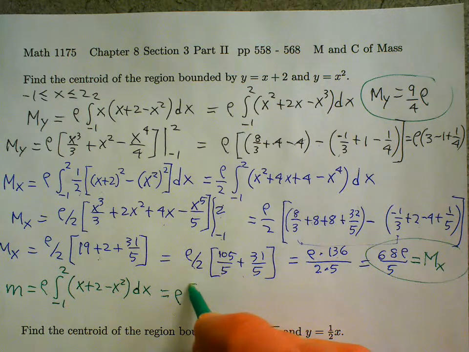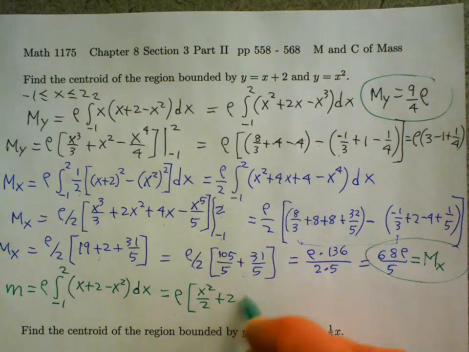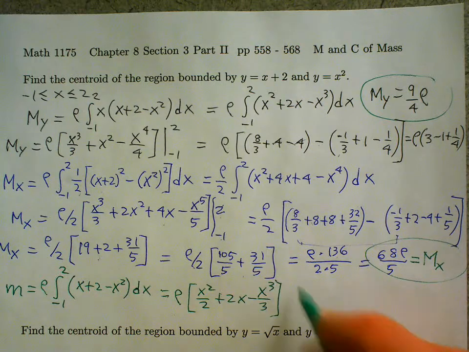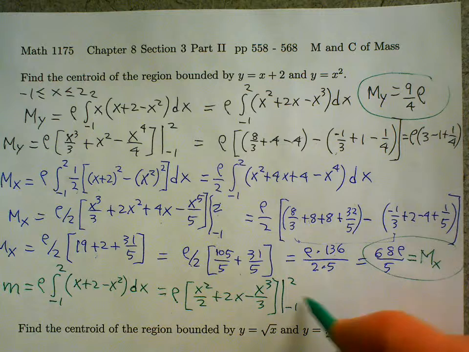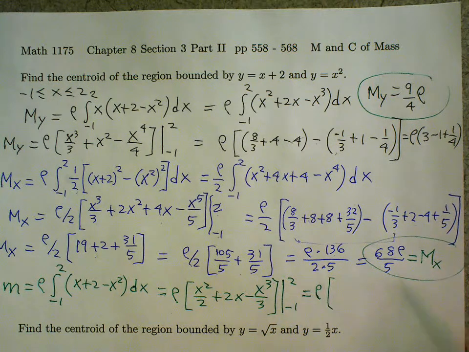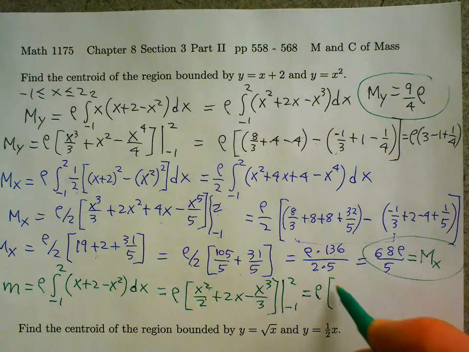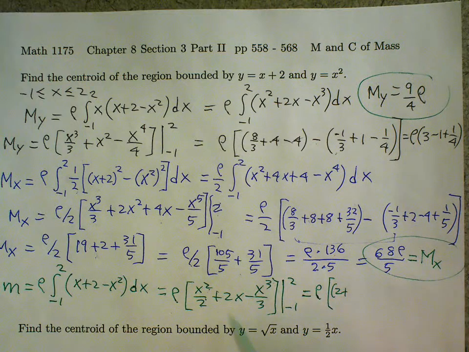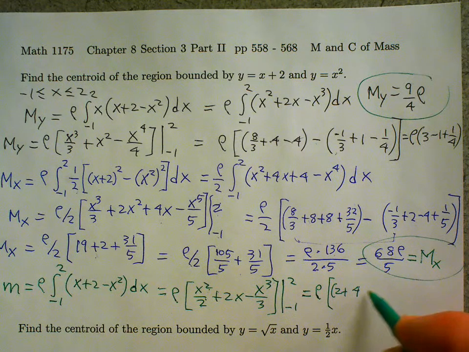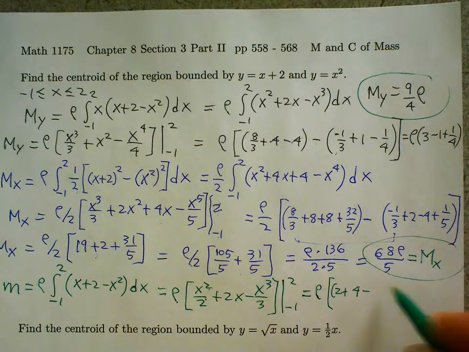So we get rho, and then the antiderivative x squared over 2 plus 2x minus x to the third over 3, from -1 to 2. When x is 2, 2 squared over 2, 4 over 2 is 2, plus 4 minus 8/3.